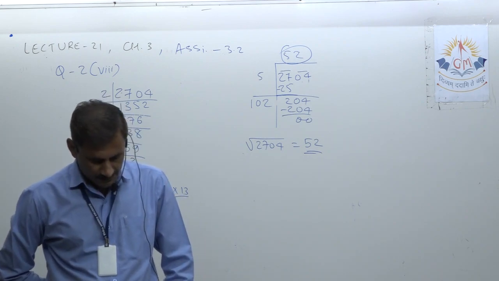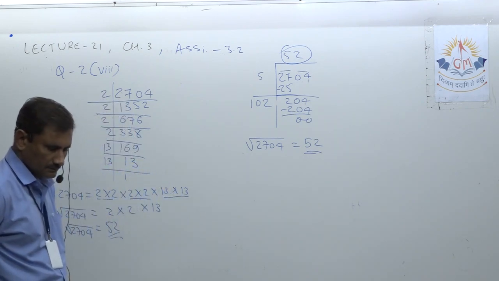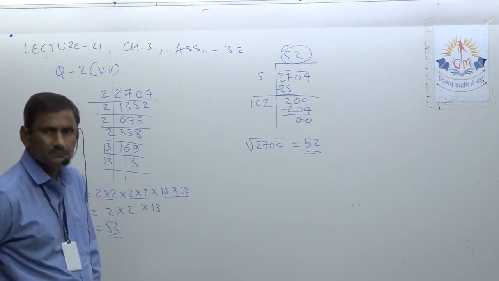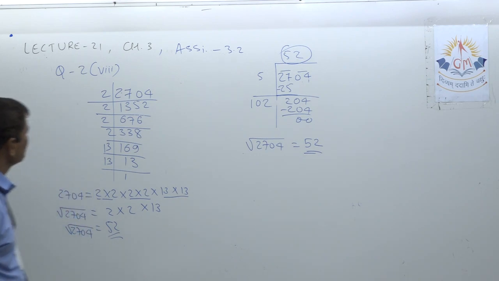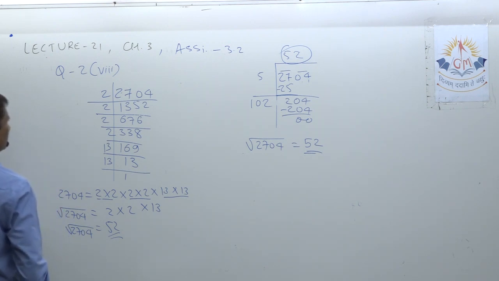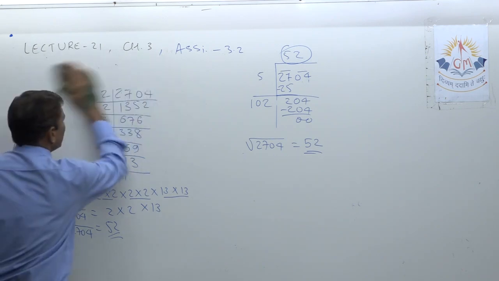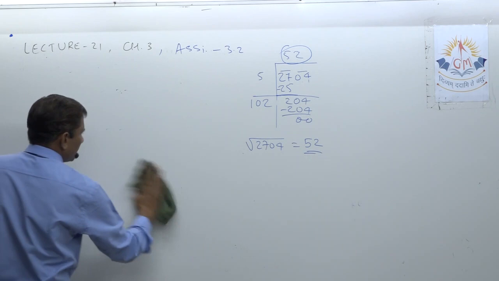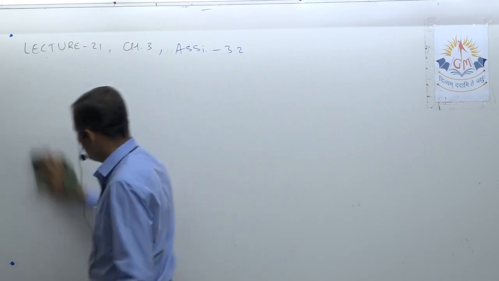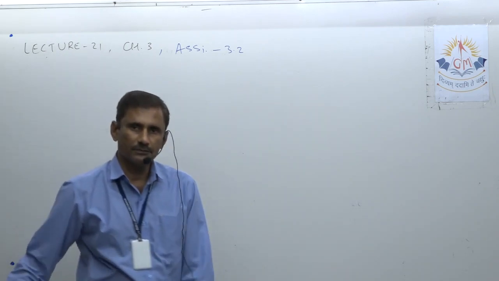Let's take this third one first. Now, in the same way, I just select any one number and solve the same sum by both methods, finding the square root here.